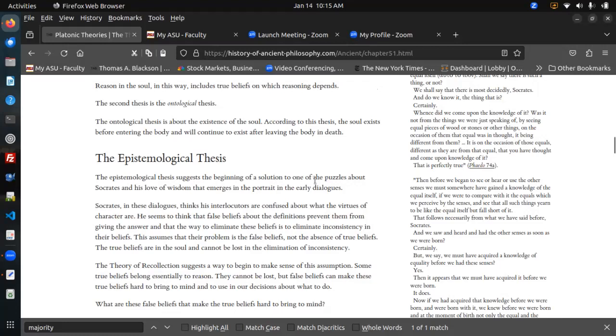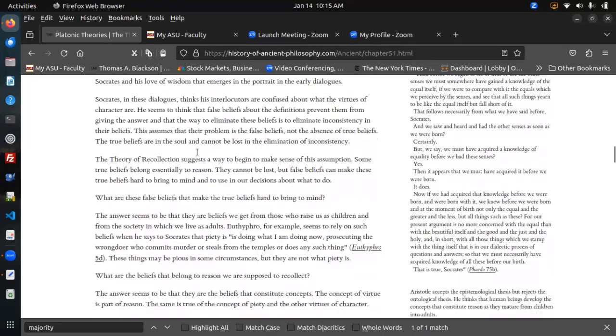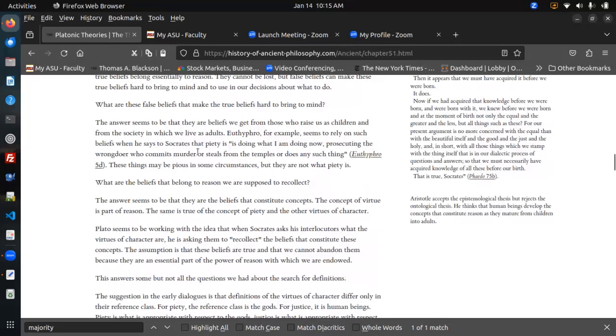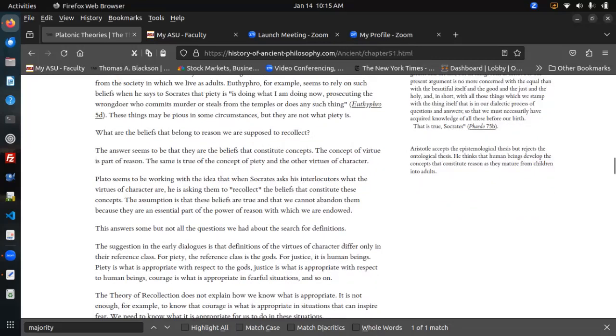And the theses can come apart. So later we'll see Aristotle will accept the epistemological thesis, but reject the ontological thesis. The ontological thesis is about the existence of the soul.